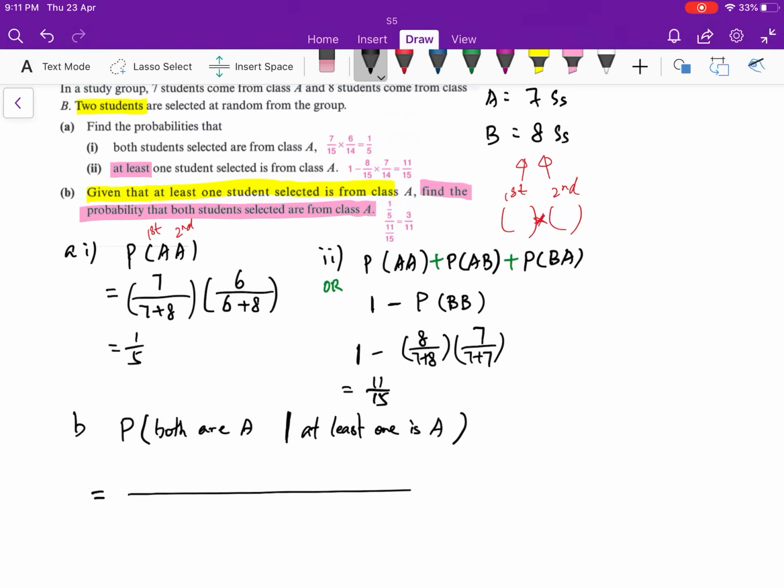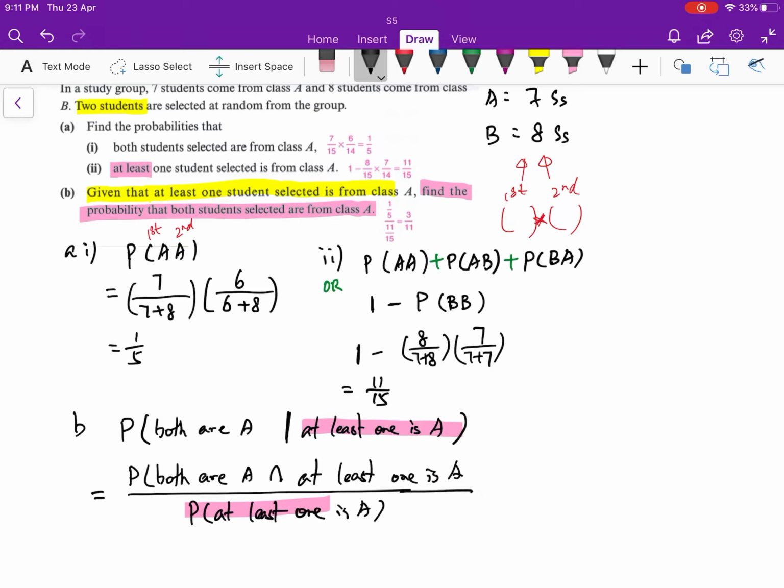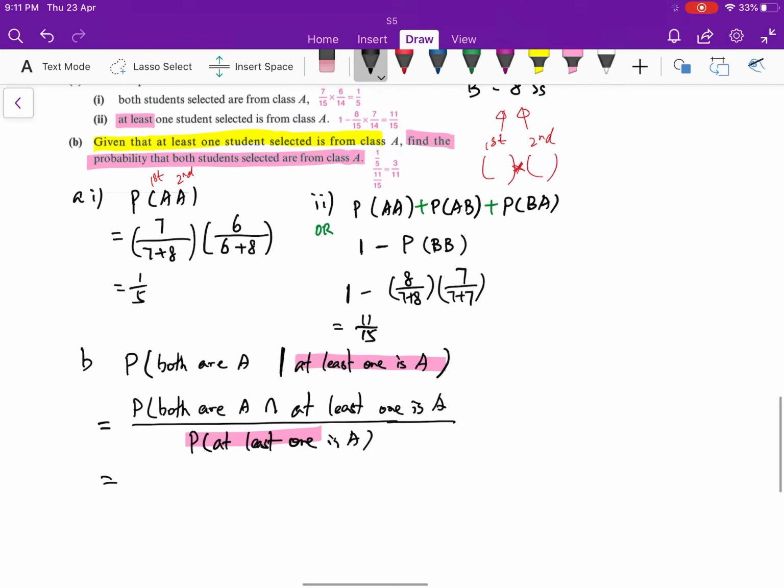Then do remember our conditional probability formula. The second part is your denominator. So it will be the probability that at least 1 is A. The upper part will be both are A and at least 1 is A. Do remember that?